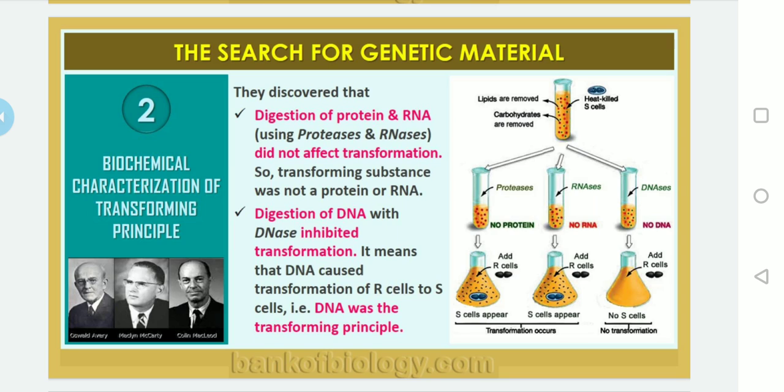And the second one, heat-killed S strains plus RNase plus live R strains, they identified the transformation. RNA of the heat-killed S strain is not the genetic material, as there is a transformation of R strain into S strain in the absence of RNA.